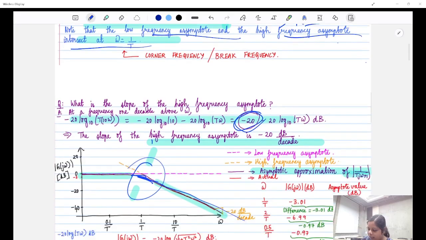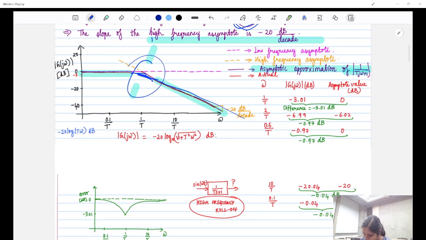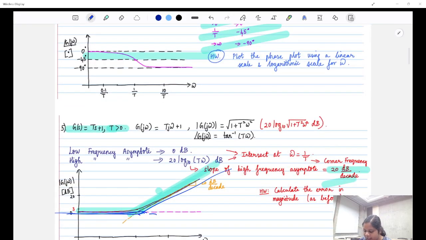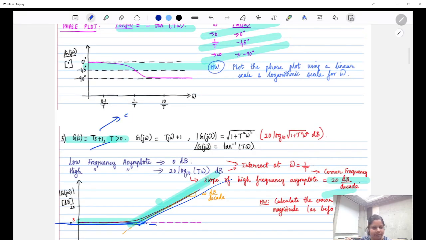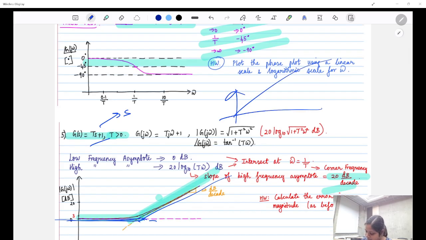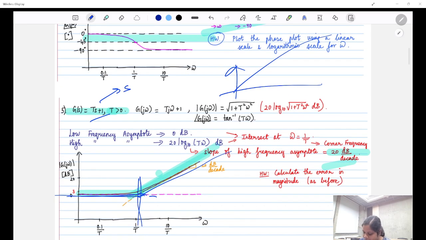If we look at Ts plus 1, which is very similar to derivative, and for derivative we had this plot coming in, right? Now you can see here, right after the corner frequency, the rise is plus 20 dB per decade. You introduce a zero, you get a corner frequency, and after the corner frequency, the rise is plus 20 dB per decade.